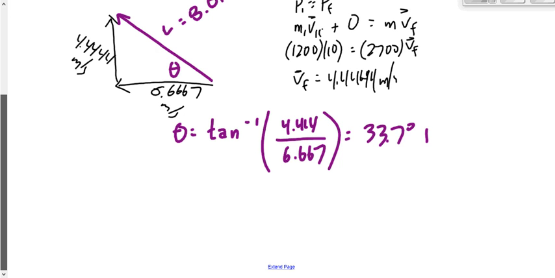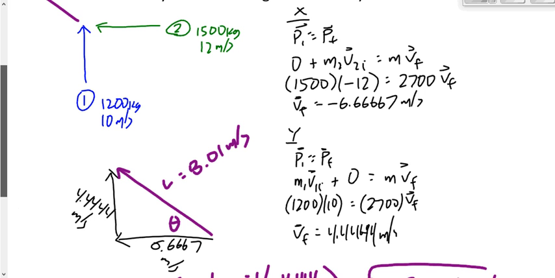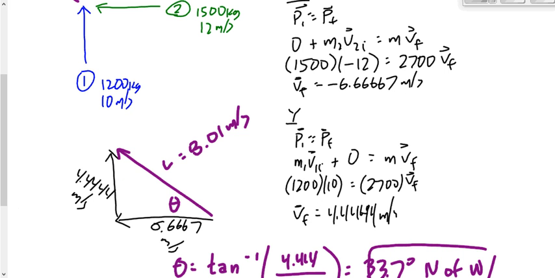And that would be north of west, 33.7 degrees north of west. By rights, actually, how many significant figures should we have? 4, 4, 2. Final answer should be 2 digits, right? So we should, by rights, say that this is 8.0. And this is 34 degrees north of west. Is that okay?